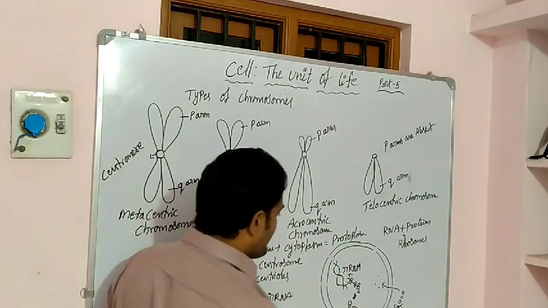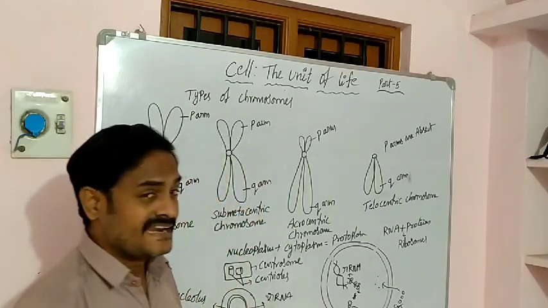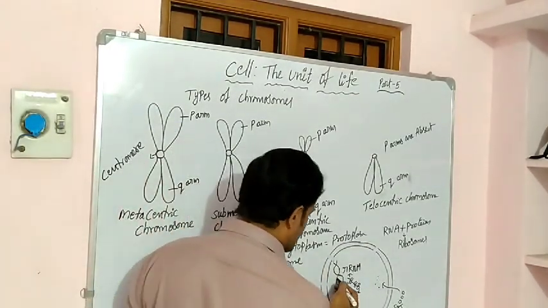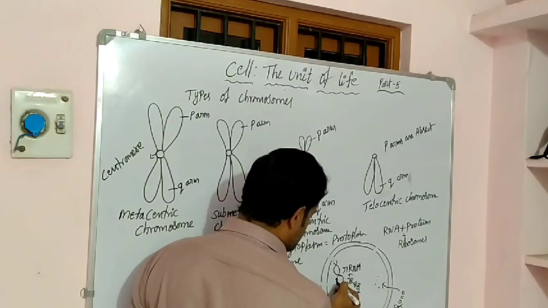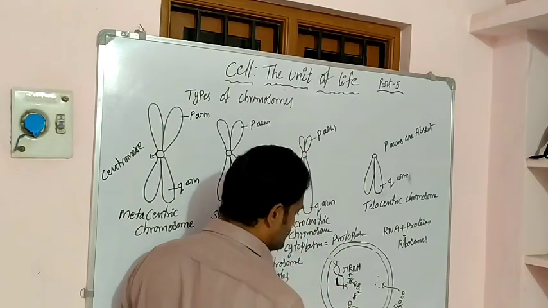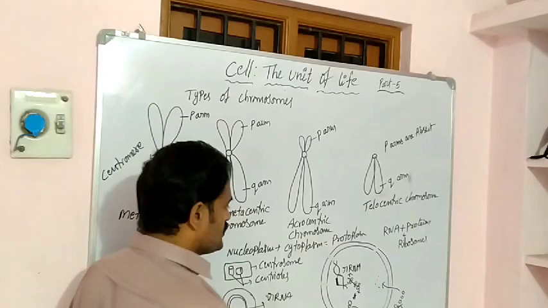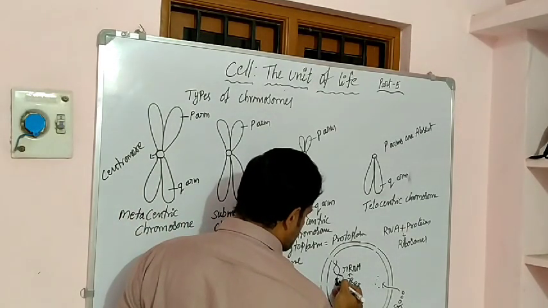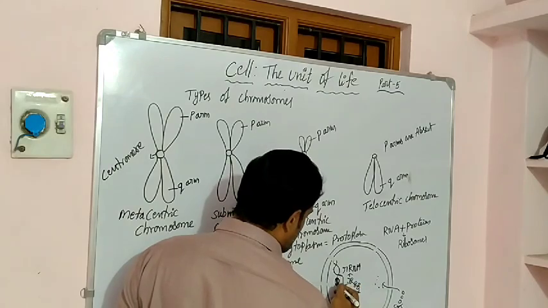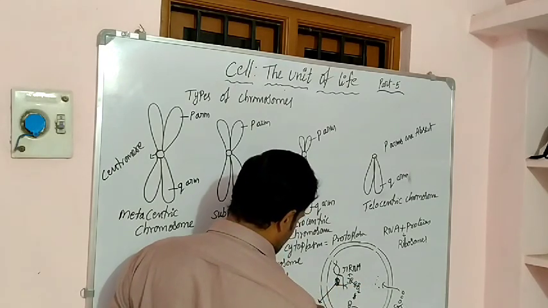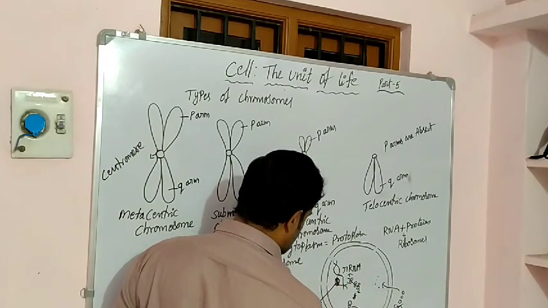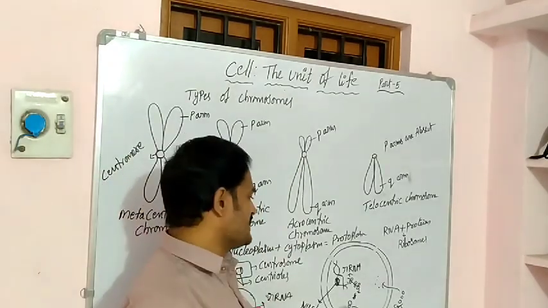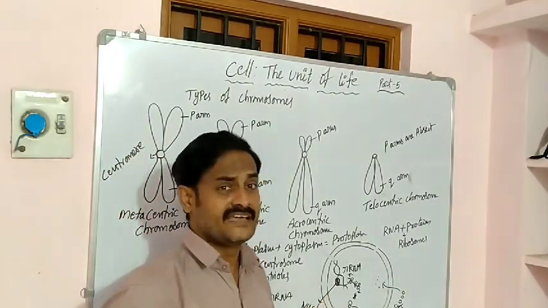So where does the rRNA arise from? From the DNA. Suppose this part of the DNA is converted into rRNA. This portion is called the nucleolus, where some part of the DNA is modified into rRNA.